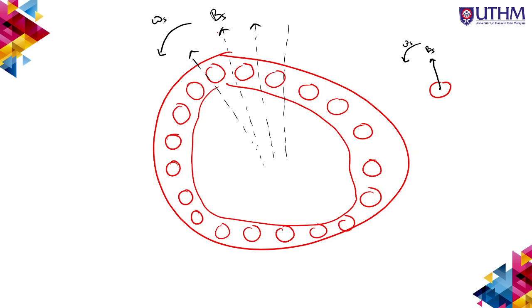So there is a magnetic field, and the magnetic field is moving. So what happened to the wire?